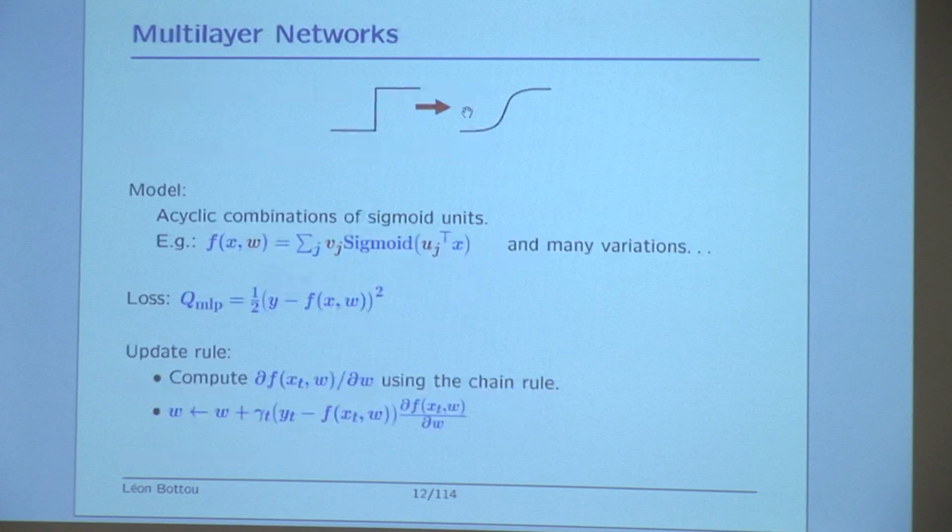Now, you have the multi-layer networks, the ones from the 80s, 90s. You all know this? Yes. So the model is this acyclic combination of sigmoid units. The loss is mean squared error, for instance, and you do a stochastic gradient descent.